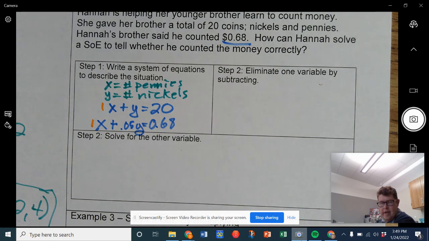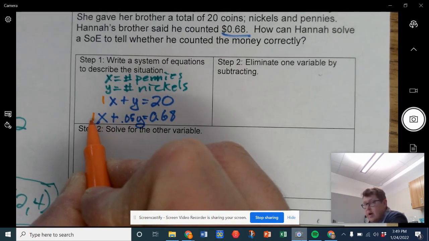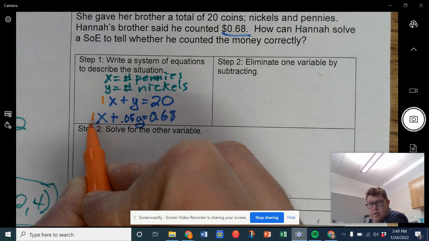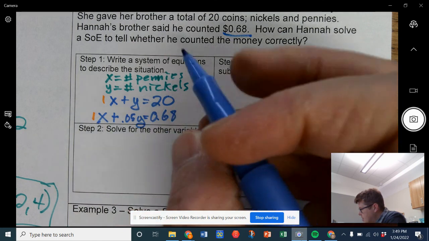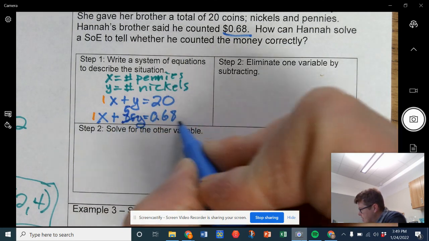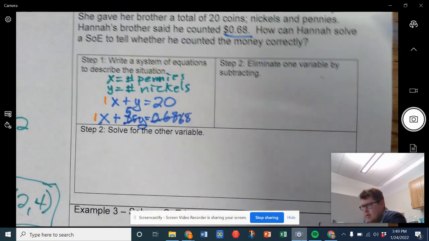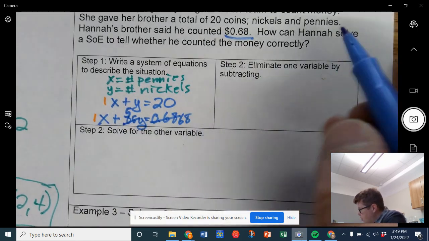Technically, this is 0.01, right? So we're going to talk cents right here. So this is actually going to change this, right? So this is 1 cent. This is actually going to be 5, where we move the decimal, and this will be 68. Hope that's right. Anyway, so we'll eliminate one variable by subtracting.